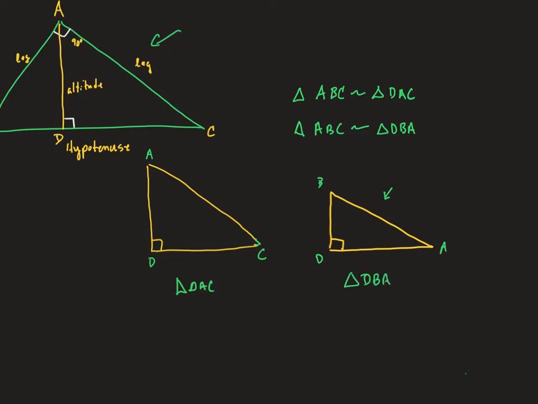So then we know that if ABC is similar to DAC, and ABC is similar to DBA, then triangle DAC is going to be similar to triangle DBA. Okay, so that's my right triangle altitude theorem, showing my similarity.